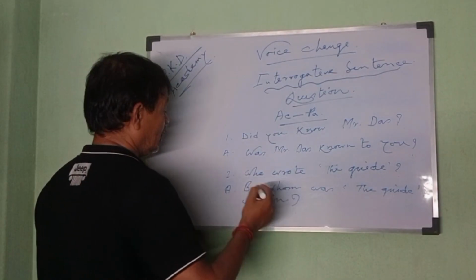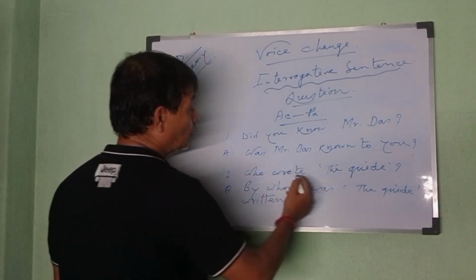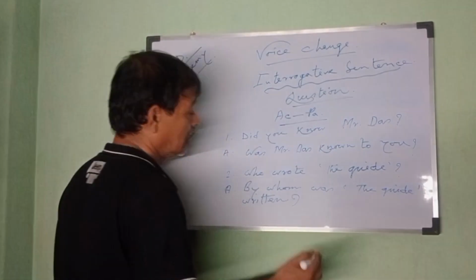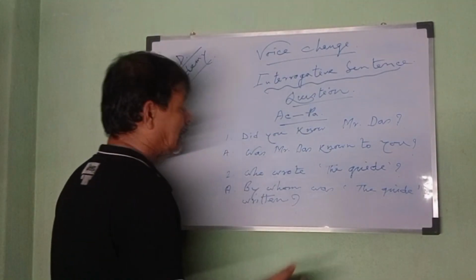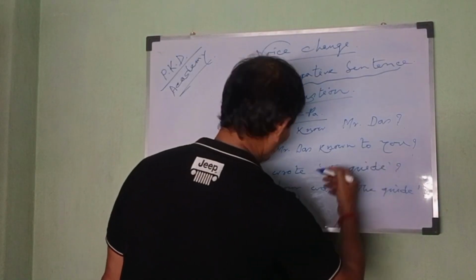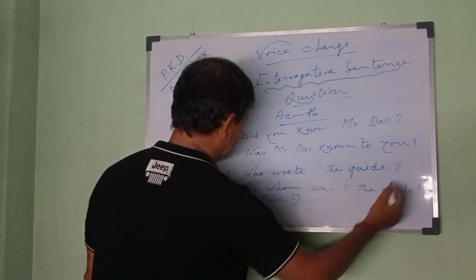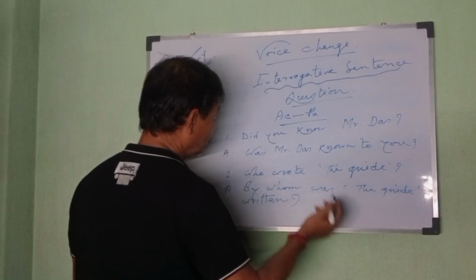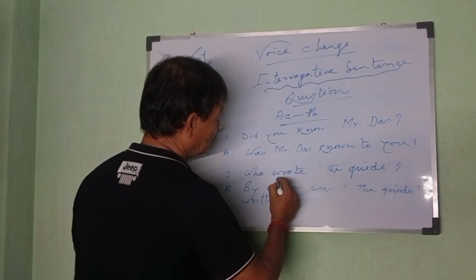And from WH question, who wrote the guide? The guide is a novel from our Indian author, R.K. Narayan. So who wrote the guide? In case of who, you have to start with the preposition by whom, and it is past tense.